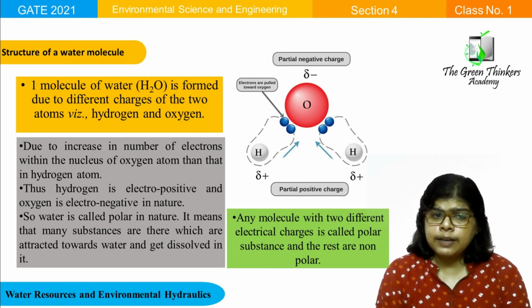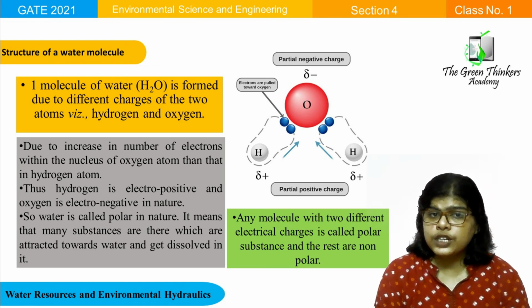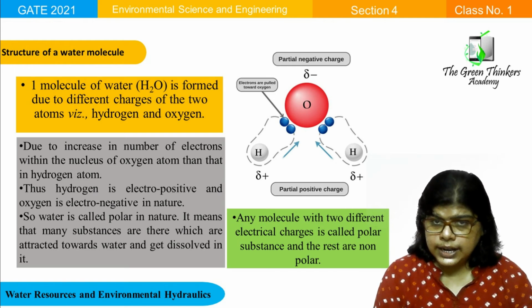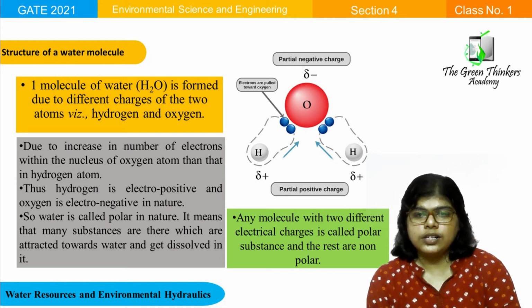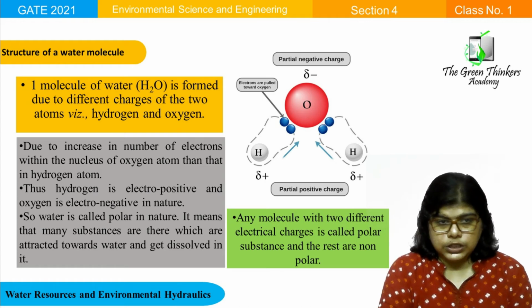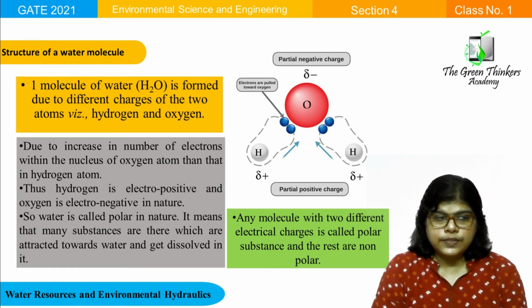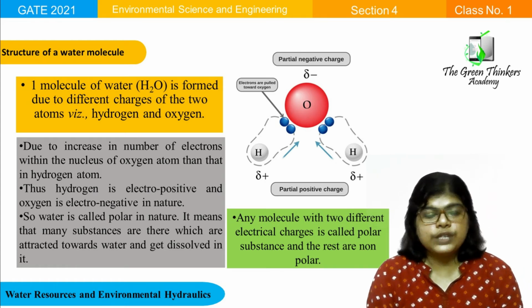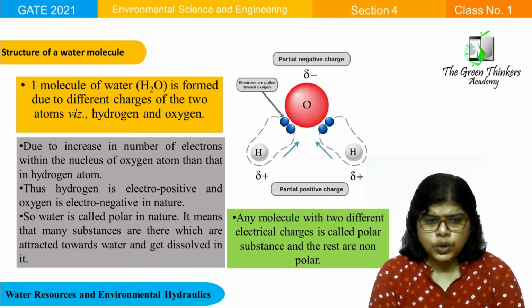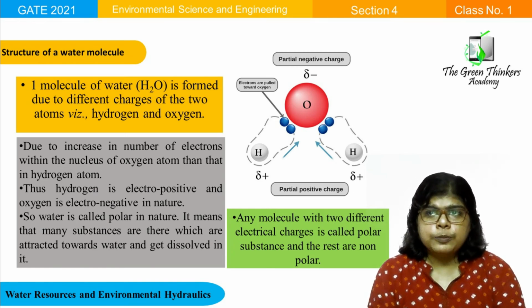Due to the higher number of electrons around the nucleus of the oxygen atom compared to hydrogen, the partial negative charge exists along with the partial positive charge. Thus we can conclude that hydrogen is electropositive and oxygen is electronegative in nature. So we can say that water is polar.